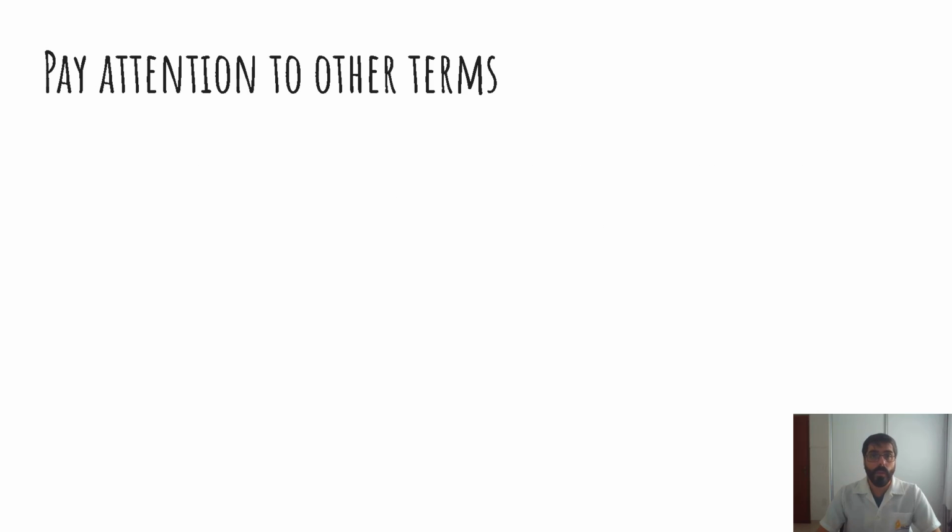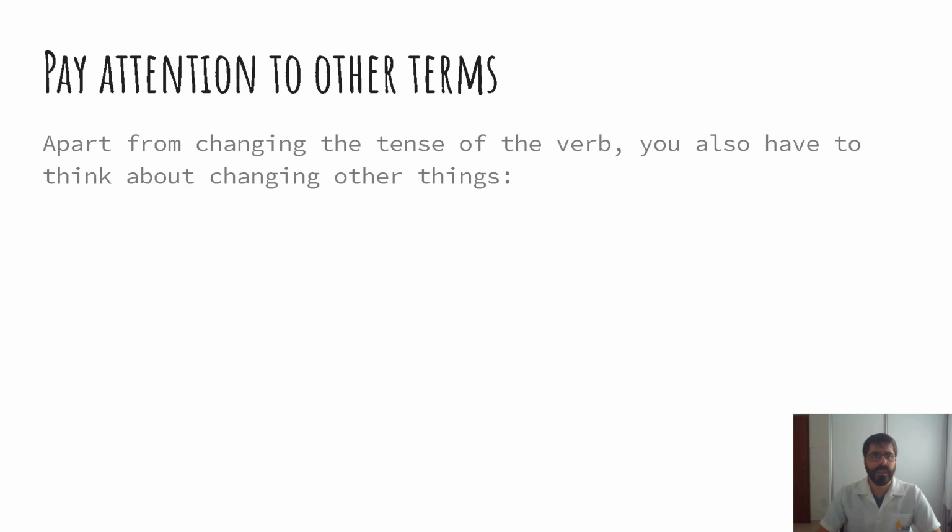Now, what are other things that you should pay attention to when you're checking on reported speech? Apart from changing the verb tense that we talked about, so simple present becomes simple past, simple past becomes past perfect, present perfect becomes past perfect, past perfect remains past perfect, other things like pronouns and adverbs, especially of time and place, have to change also.